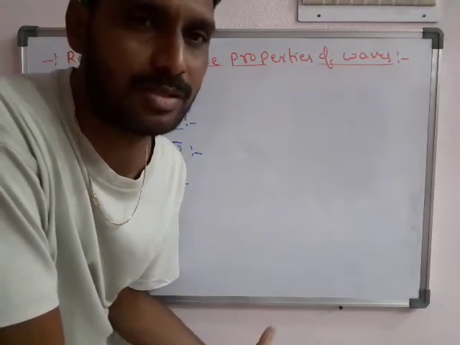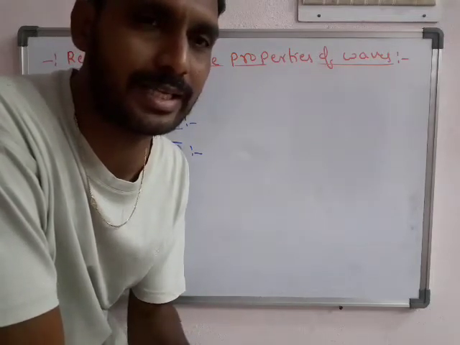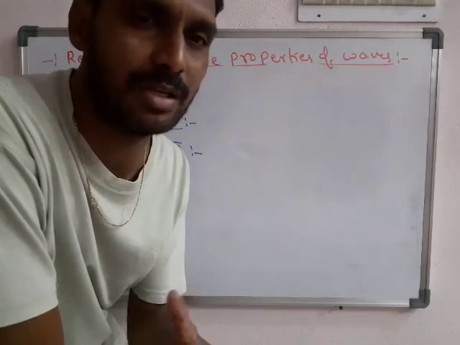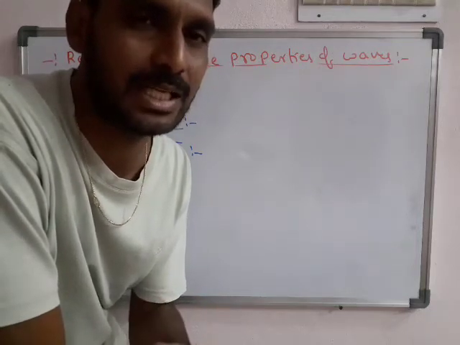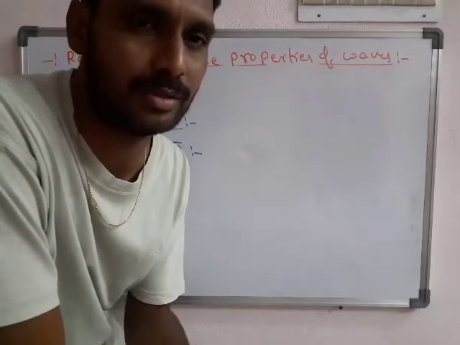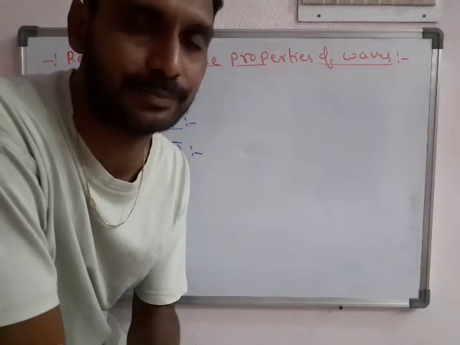It has a fixed value, equal to the velocity of light, that is 3.0 into 10 power 10 centimeters per second, or 3.0 into 10 to the power of 8 meters per second.